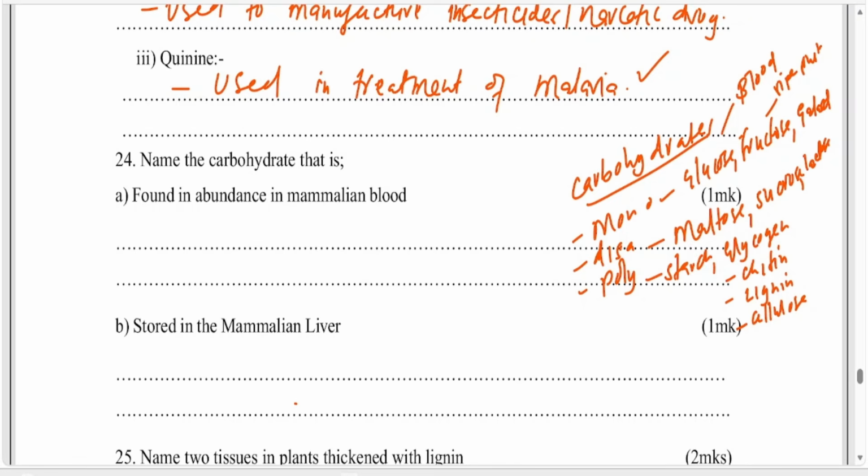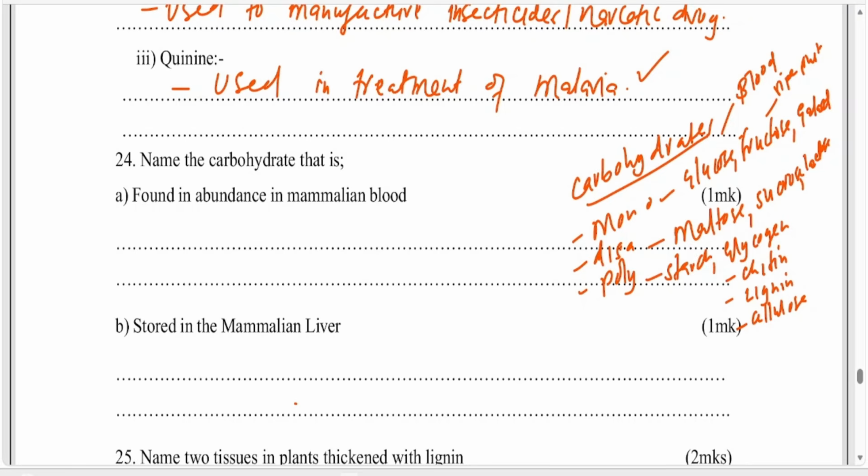Among polysaccharides, we have starch abundant in plant tissues. Glycogen is abundant in animal tissues. We also have chitin, which is abundant in the exoskeleton, lignin abundant in xylem and also sclerenchyma tissue, and cellulose abundant in the plant cell wall.